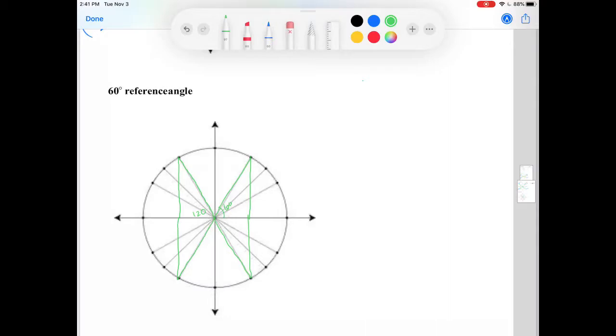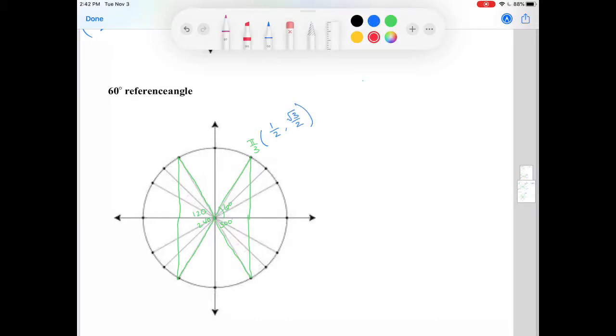So the next one is this guy here, followed by this one, and then here. So it'd be 60, the next one would be 120, followed by 240, and then 300.